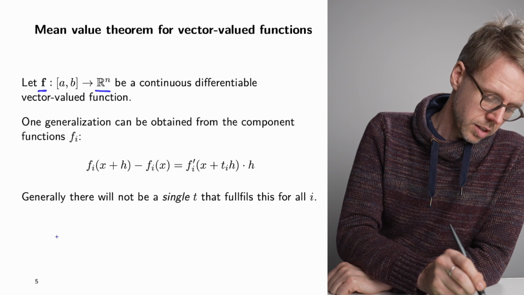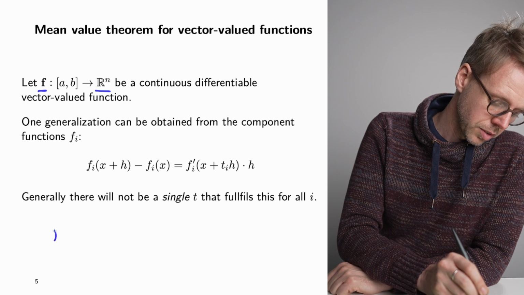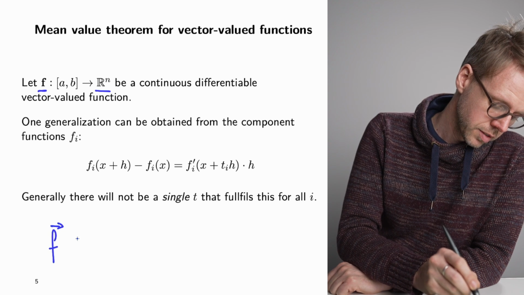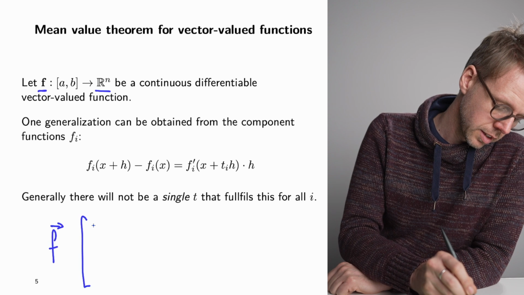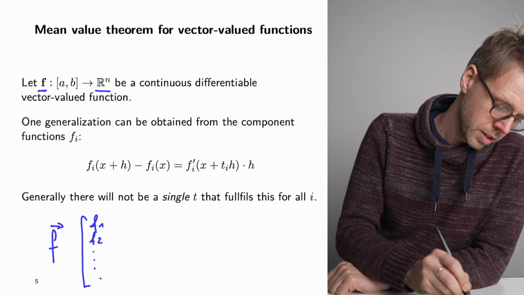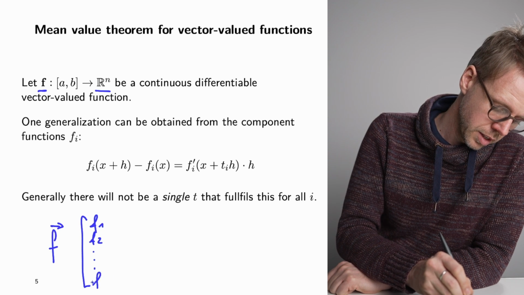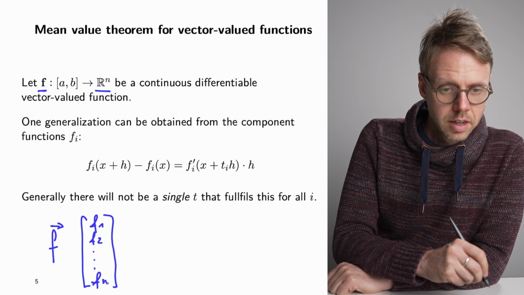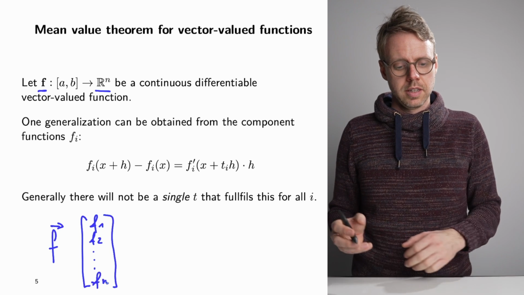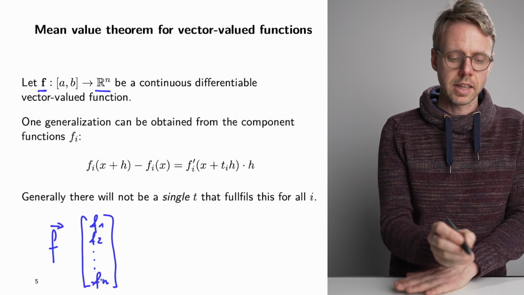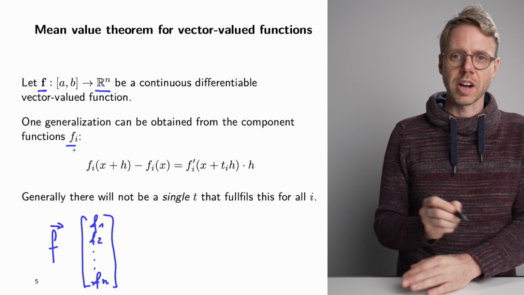Now, let's look at this f. So f is a vector that has components, little f1, f2, up to fn. Each of those fi, these component functions, are functions themselves.